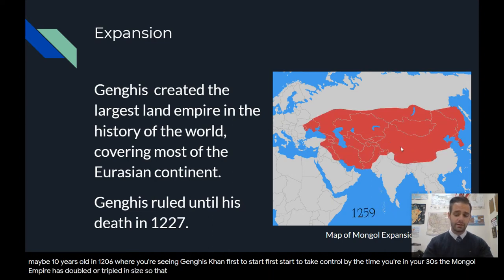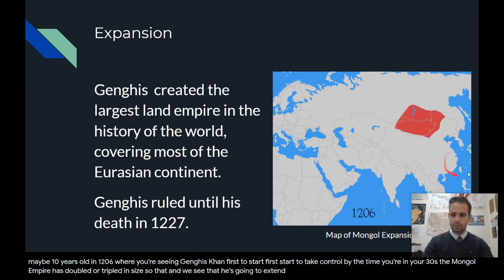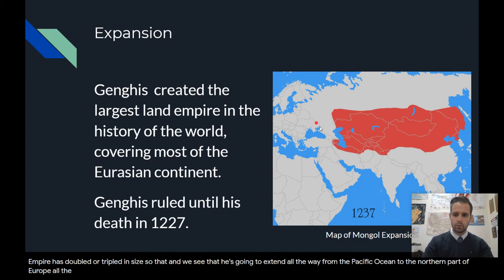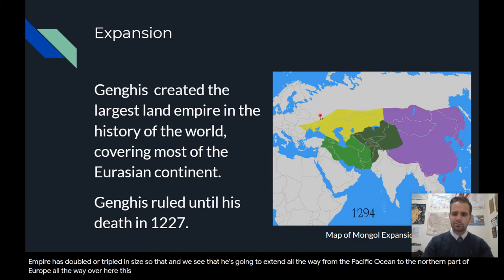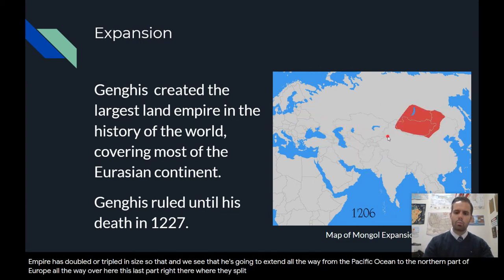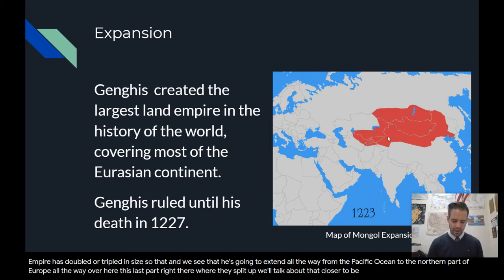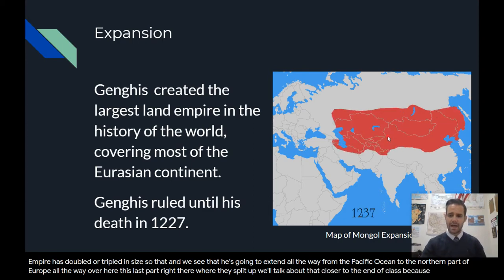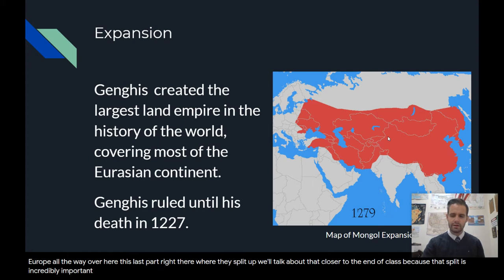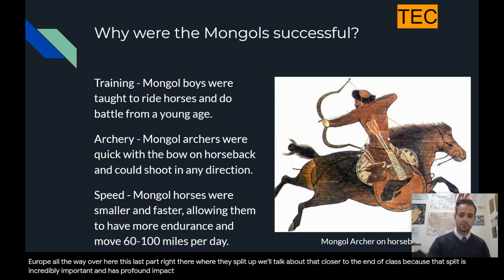So that is a rapid expansion there. And we see that he's going to extend all the way from the Pacific Ocean to the northern part of Europe, all the way over here. This last part right there, where they split up, we'll talk about closer to the end of class because that split is incredibly important and has profound impacts on those societies.